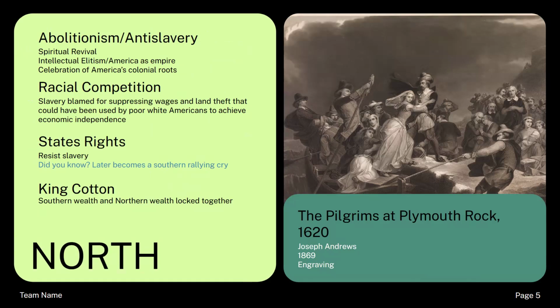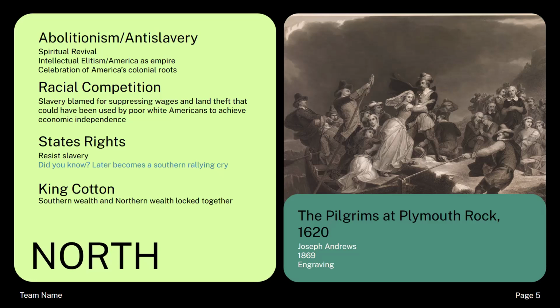Now, the North, you're going to see 3 or 4 central themes. King Cotton is a little bit of a special one, but let's look at the top 3. You're going to see a lot on abolitionism and anti-slavery. This is tied to spiritual revivalism and intellectual elitism. This idea that America was an empire and that America was ordained by God from as far back as its roots in the 1620s, and that it was also an elite entity, that America had risen above the base kind of motivations that included slavery.